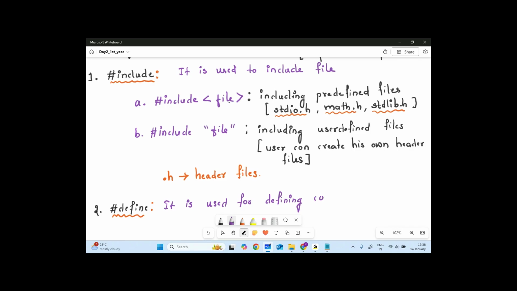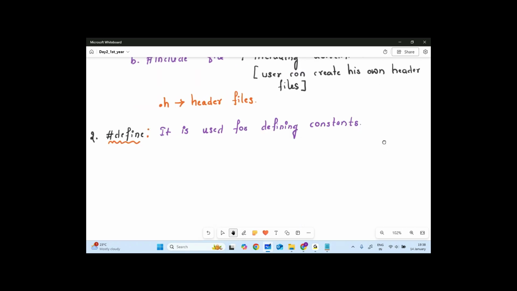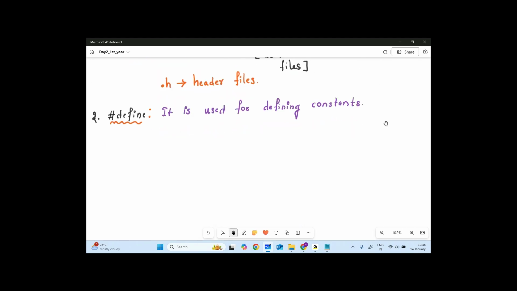Constant means fixed values. Let us see the syntax of defining a constant.